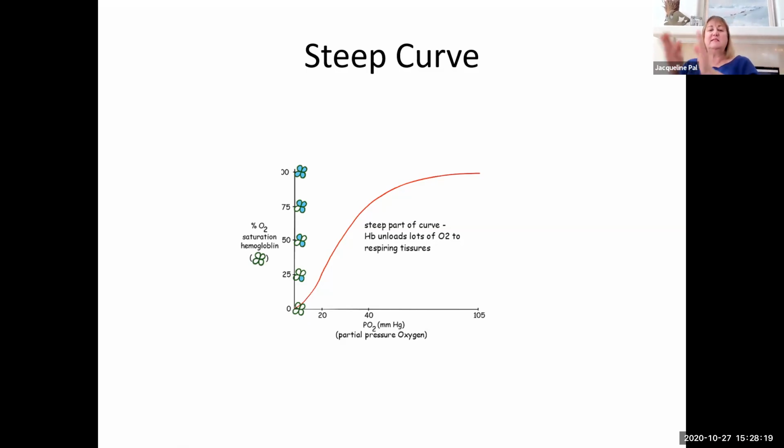So small changes in the partial pressure of oxygen can give us big changes in the relative saturation. And that's how we want it if we're dropping off oxygen to tissue.